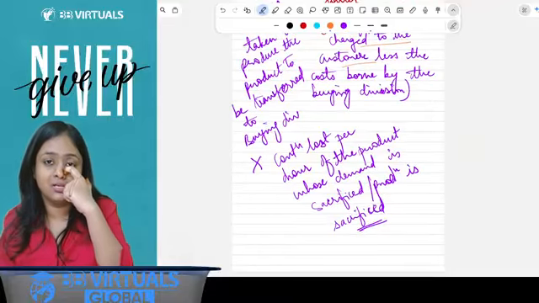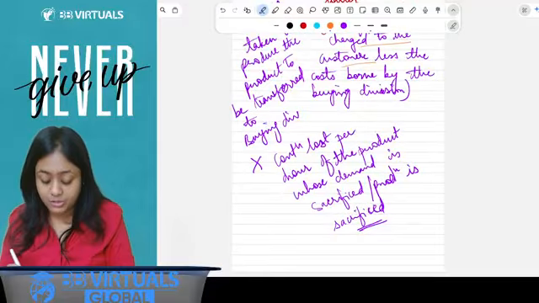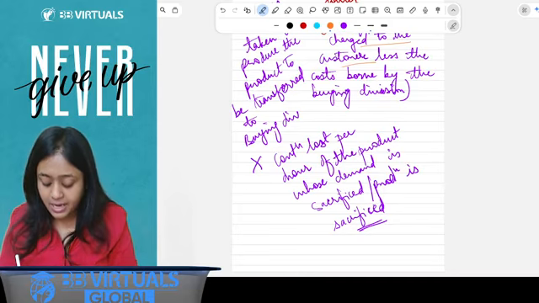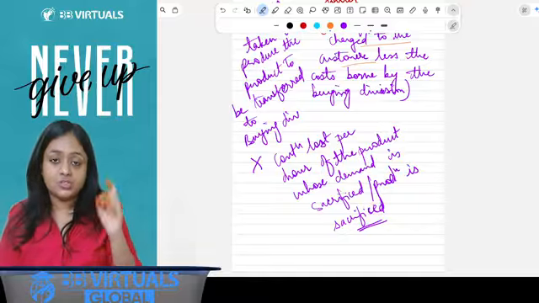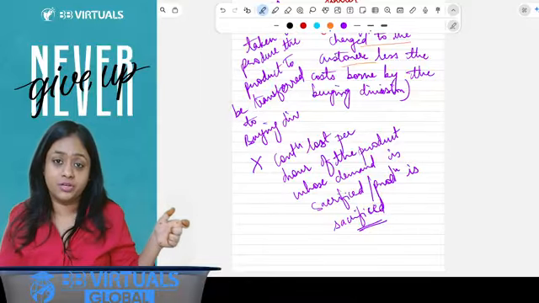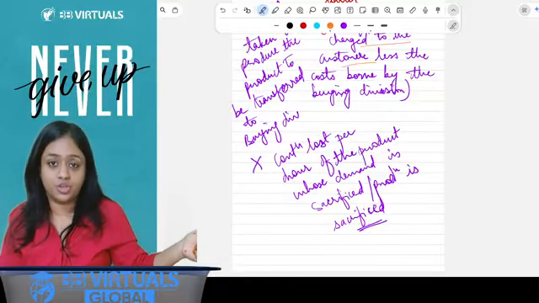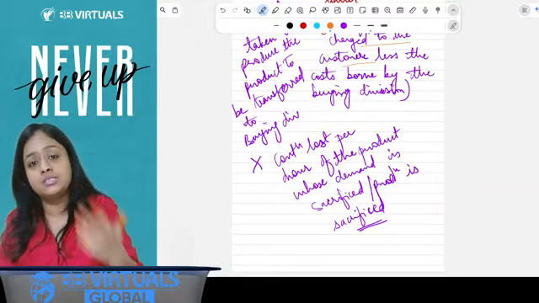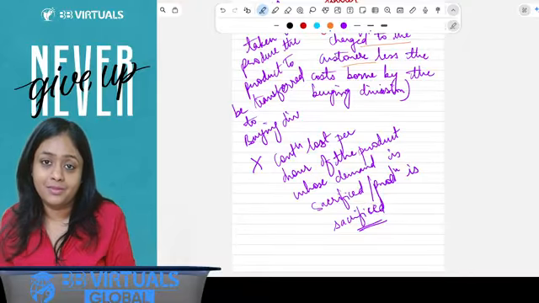This is important. You will always multiply it with the contribution lost per hour of the product whose demand is sacrificed. So if you are sacrificing the demand of division A's other products, you will take that lost contribution, and that you will multiply with the hours that you are supplying to division B.